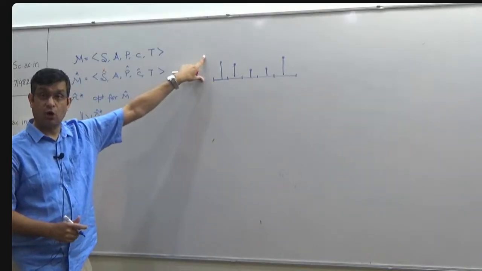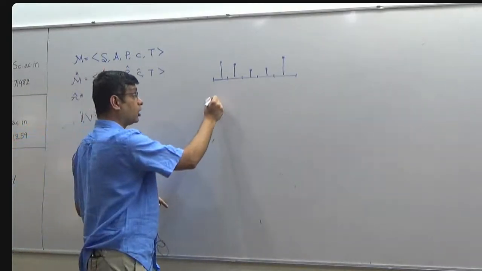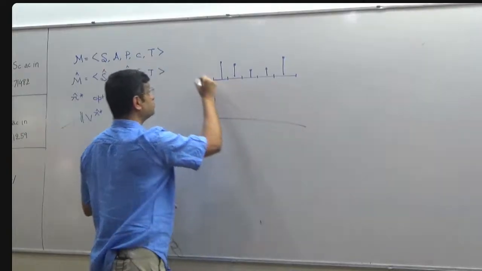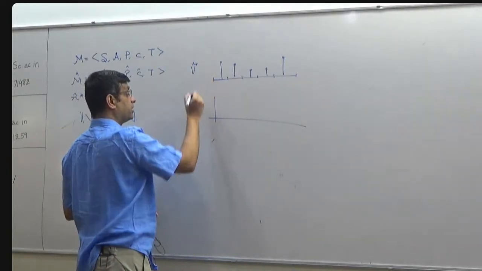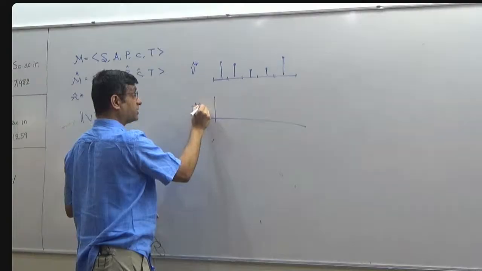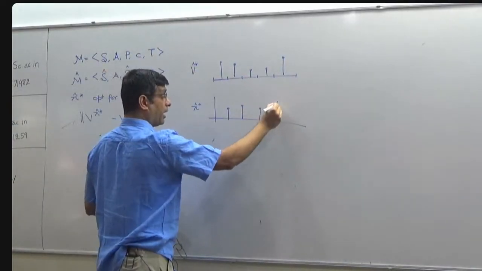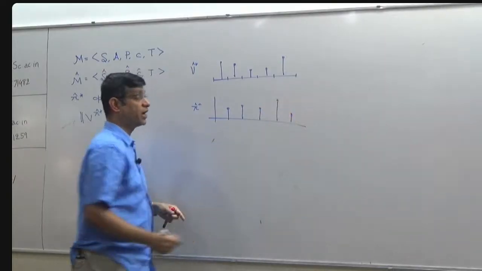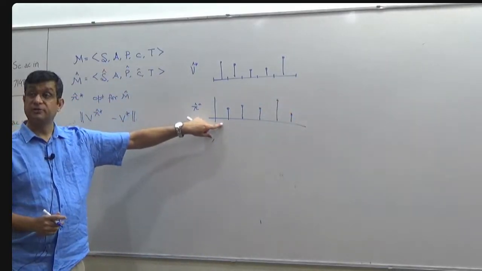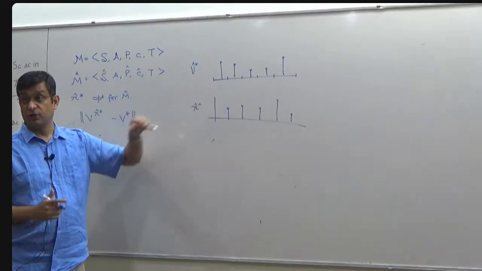Last time I had only talked about the value function, which is V hat star, but we would also have a pi hat star, and I would like to understand what happens if I use this policy in the original model.